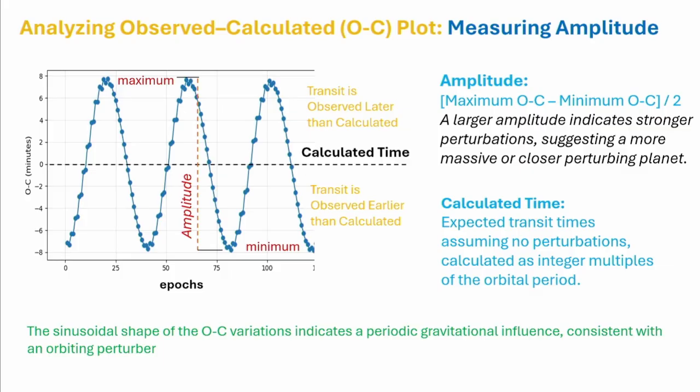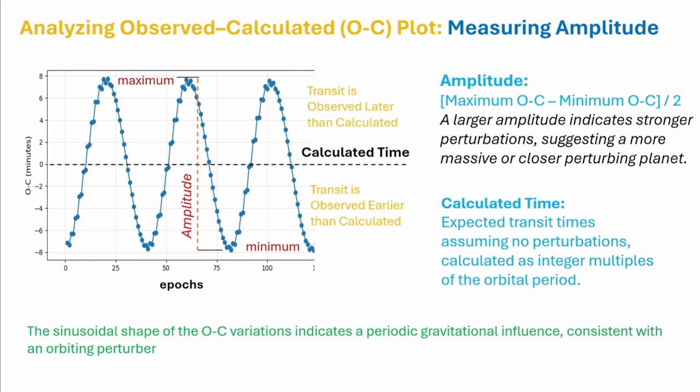So now I've been talking a lot about TTV amplitude, but how exactly do we calculate it? So here I have a possible TTV curve. You can see it goes first, we can say, to about -7. And this means that the transit was 7 minutes earlier than expected. And the next transit was, let's say, 6 minutes earlier than expected. And I plotted this for over 100 transits.